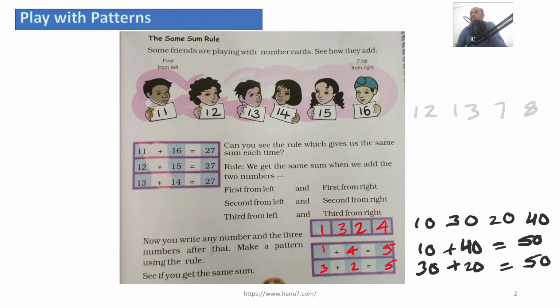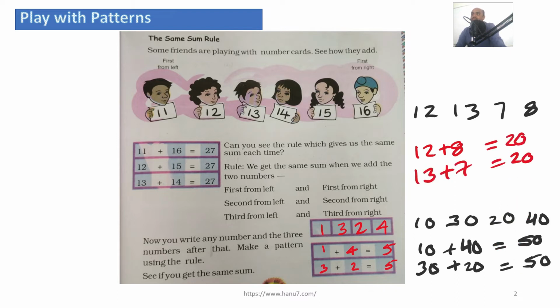Now let us go with a combination of double digit and single digit numbers. 7, 8, 12, 13 are the numbers. 12 plus 8 is 20, 13 plus 7 is also 20. We are following the same rule and getting the results.